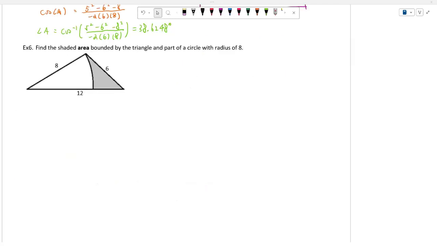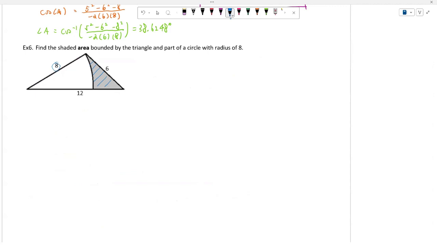Okay, so now let us work on problem number 6. Number 6 asks us to find the shaded area bounded by triangles and part of the circle with the radius of 8.